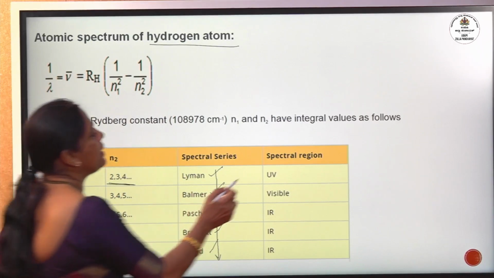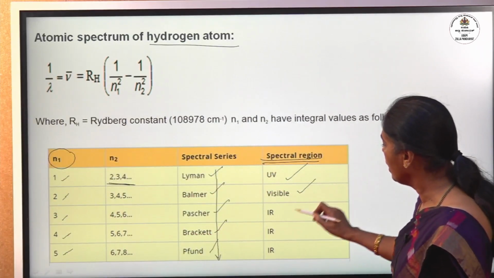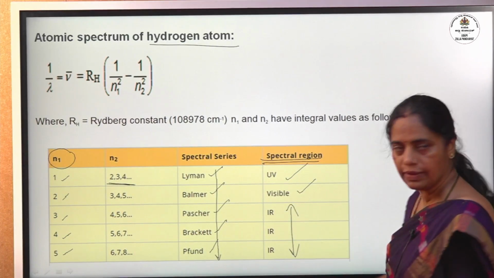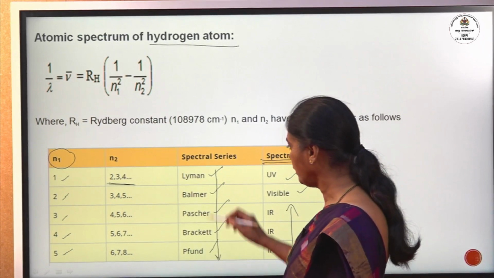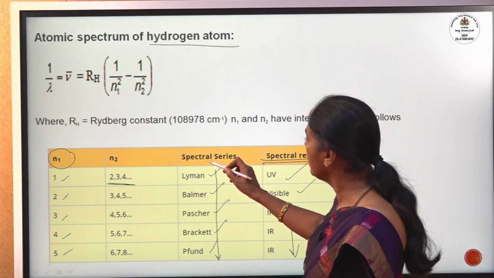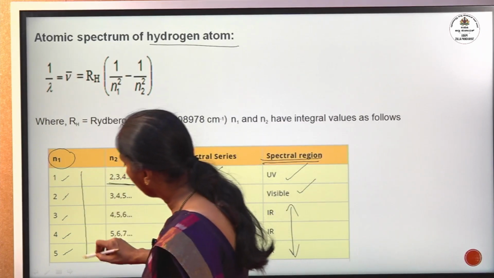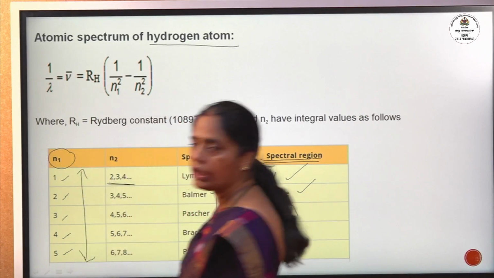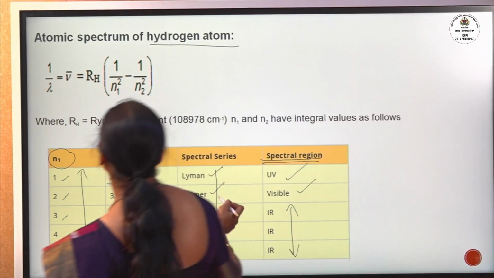The spectral regions for different series of lines are UV, visible and infrared. Now if you keep the series names in this order, you can keep these values in your mind easily, 1, 2, 3, 4, 5, it continues like that.